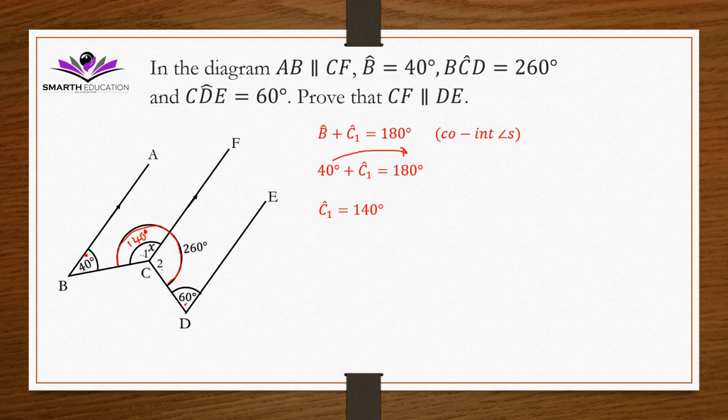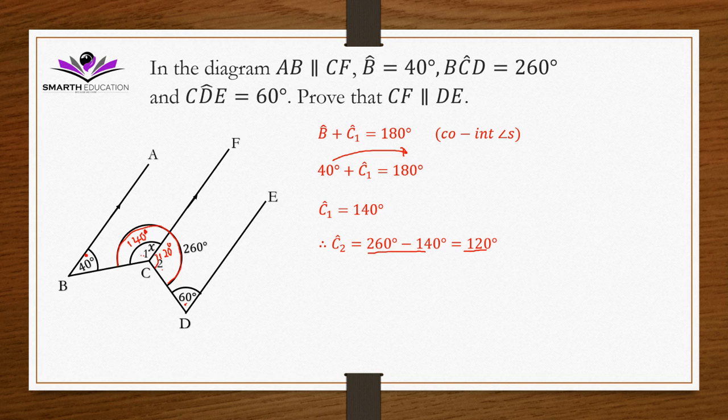Now we can get angle C2. We say 260 degrees minus 140 degrees. We get C2, so C2 is 120 degrees. Subtract it there, and we got that. This angle here is 120 degrees.